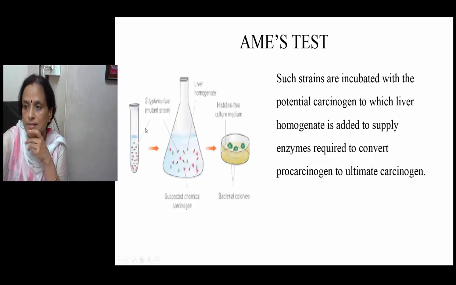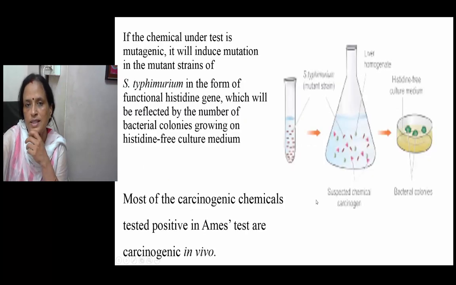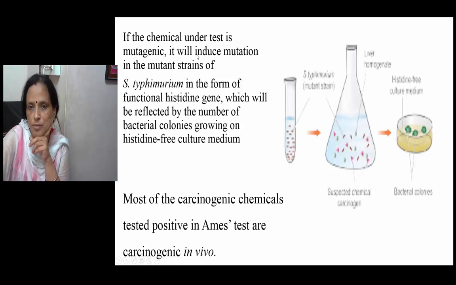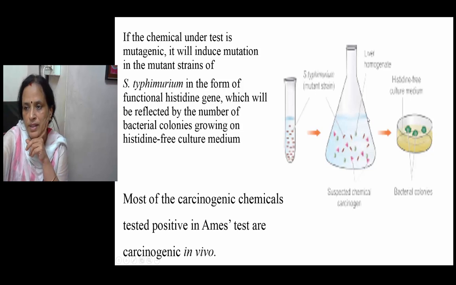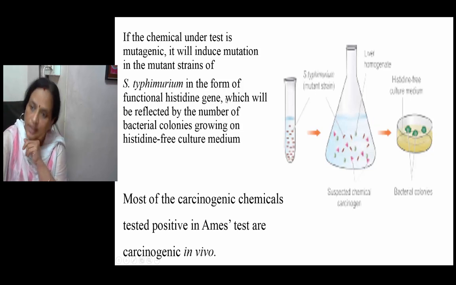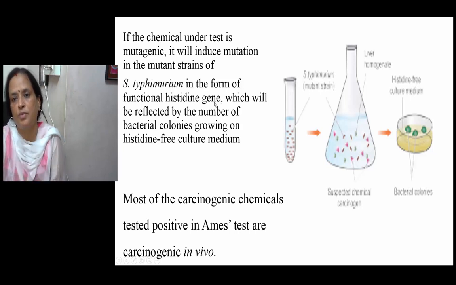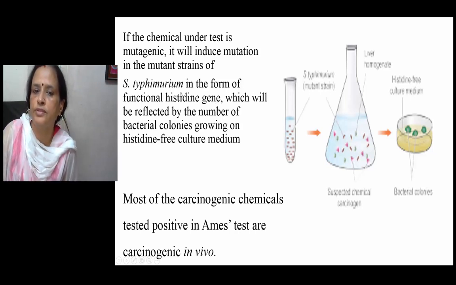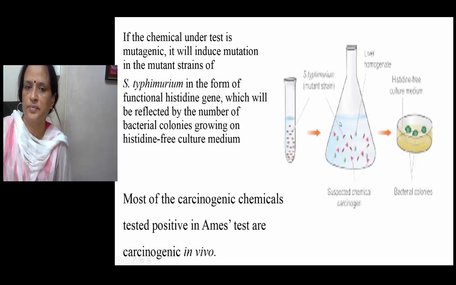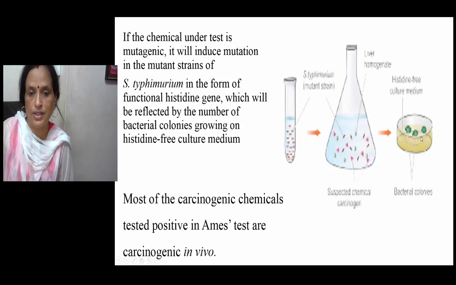So if this is a carcinogen, then this mutant strain will produce histidine and there are bacterial colonies that develop because the chemical under test is mutagenic. So it will induce mutation in the mutant strain of Salmonella typhimurium in the form of a functional histidine gene. So this is reflected in the form of bacterial colonies.